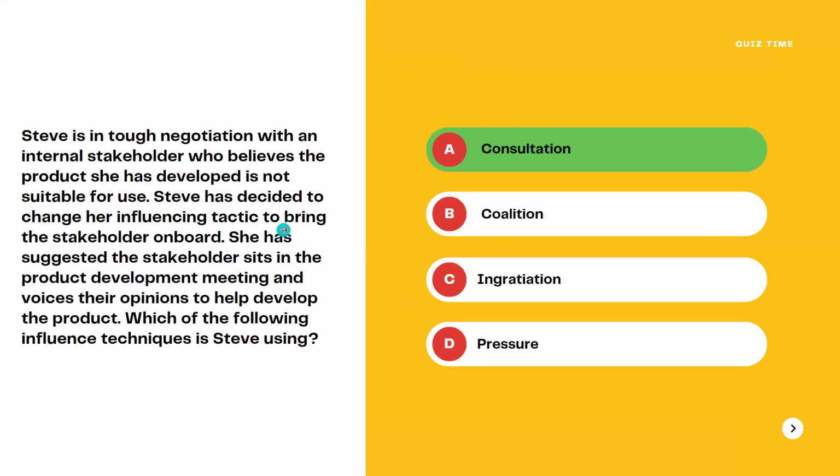So if Steve wants to do coalition, he would be creating an alliance. He would contact other people other than this specific internal stakeholder, make friends with them and then put pressure on this particular stakeholder, not invite her into the decision board.